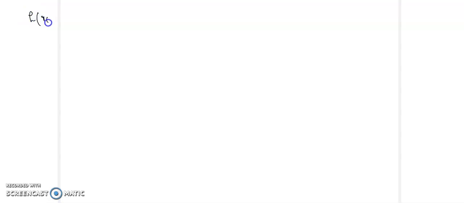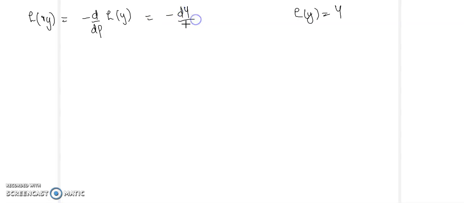So if you take L of xy, that will be minus d by dp of L of y. So if I write L of y to be equal to capital Y, that is minus dY by dp.